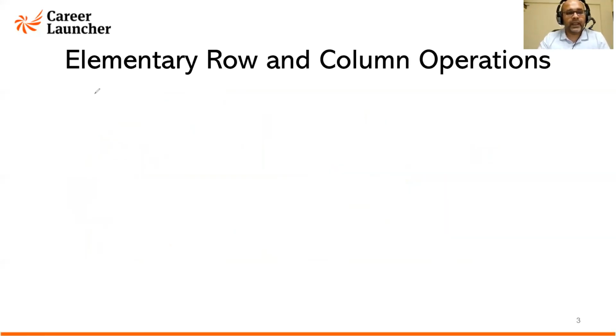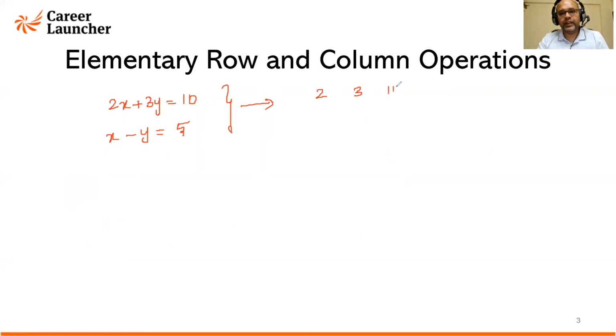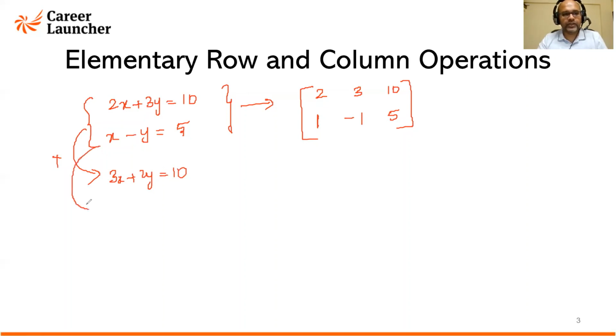Let's take a look. If I say 2x plus 3y equal to 10, x minus y equal to 5, this gives me a matrix of 2, 3, 10, 1, minus 1, 5. Now, what if I have a different pair of equations where I add these two and I get 3x plus 2y equal to 10, and I use the second as it is, x minus y equal to 5.